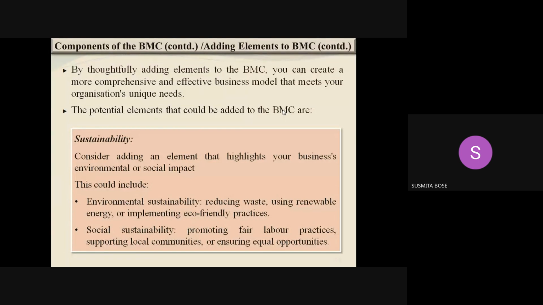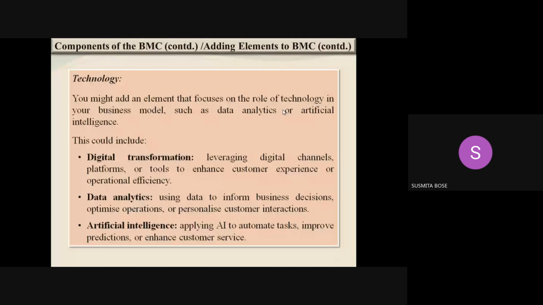This could include environmental sustainability: reducing waste, using renewable energy, or implementing eco-friendly practices; and social sustainability: promoting fair labor practices, supporting local communities, or ensuring equal opportunities. These are a few things you can add to your BMC.